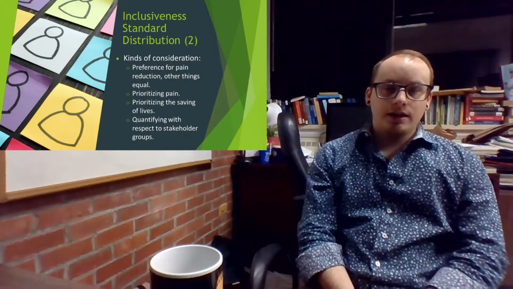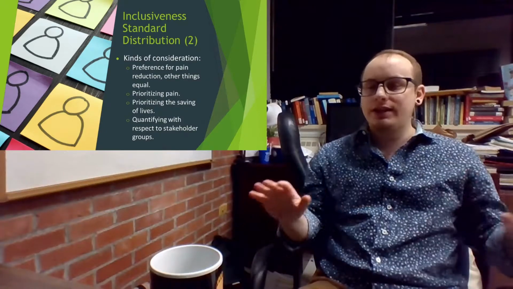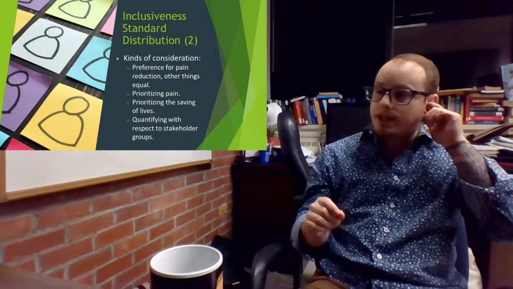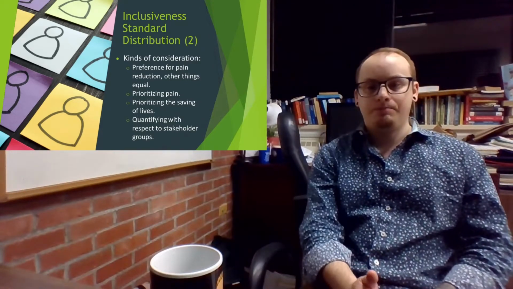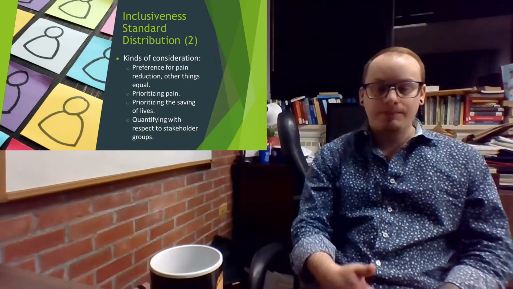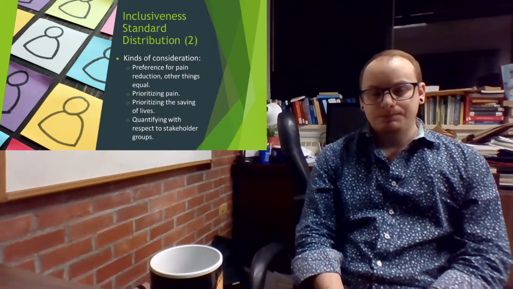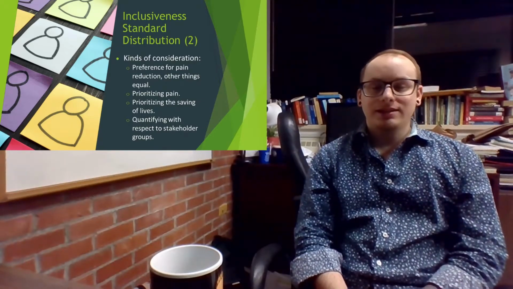Another kind of consideration is prioritizing pain. Maybe I won't even consider creating happiness at all because I say, well, it's actually more important that if there's suffering right now, I reduce that suffering. I take away pain. That's one way I might approach then looking at aggregates in these kinds of decisions. A third way I might look at it is prioritizing the saving of lives.